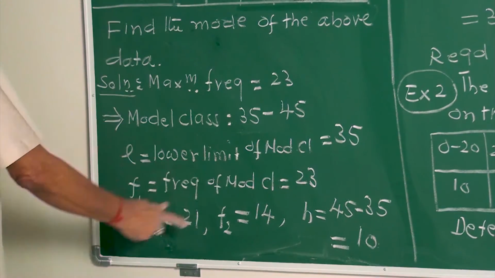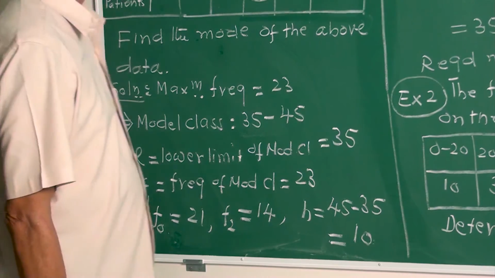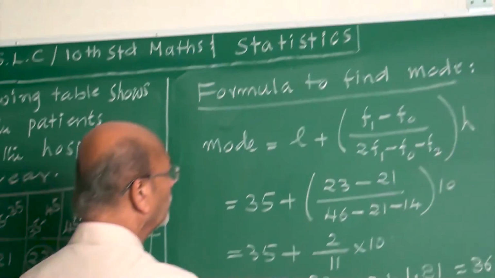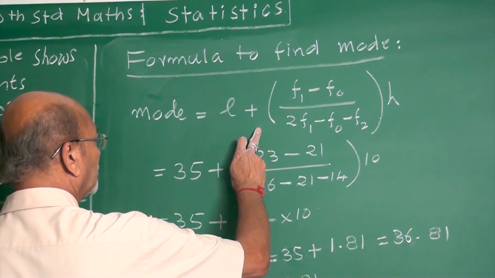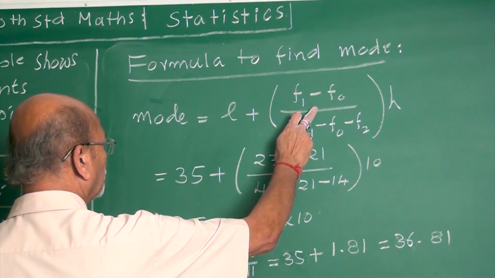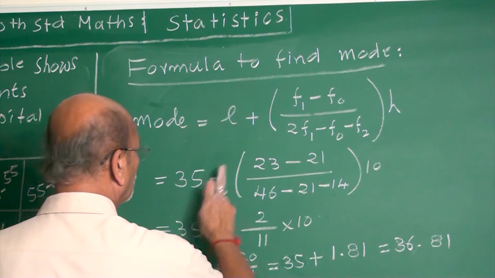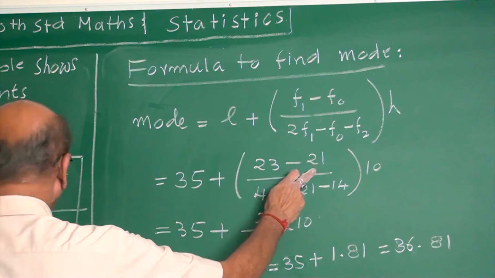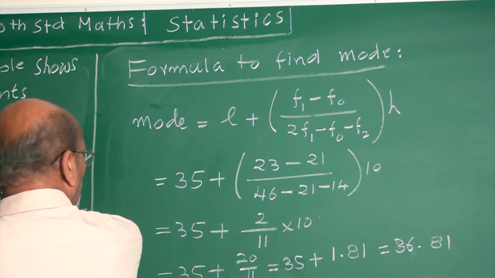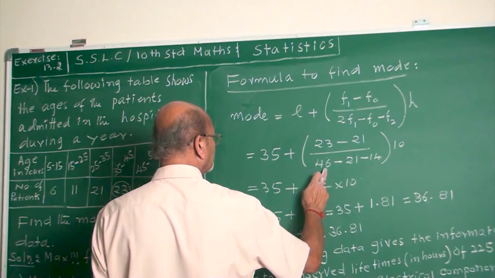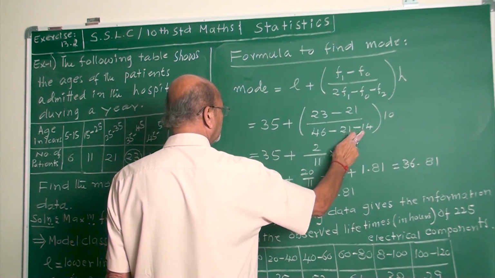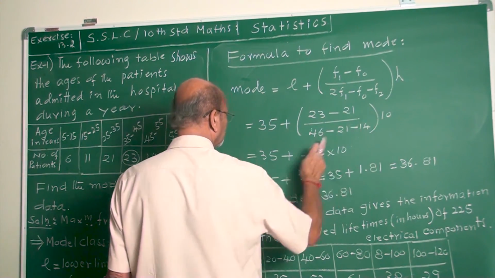All values are available. Substitute these values in the formula to find mode. L is 35, F1 minus F0 is 23 minus 21, and 2 times F1, 2 into 23, is 46 minus 21 minus 14, into H which is 10.